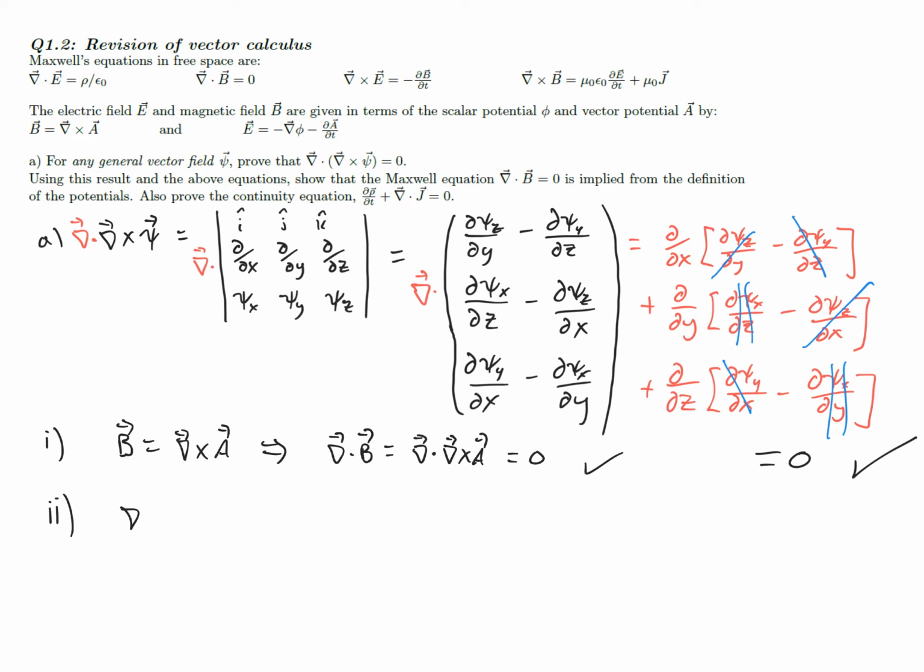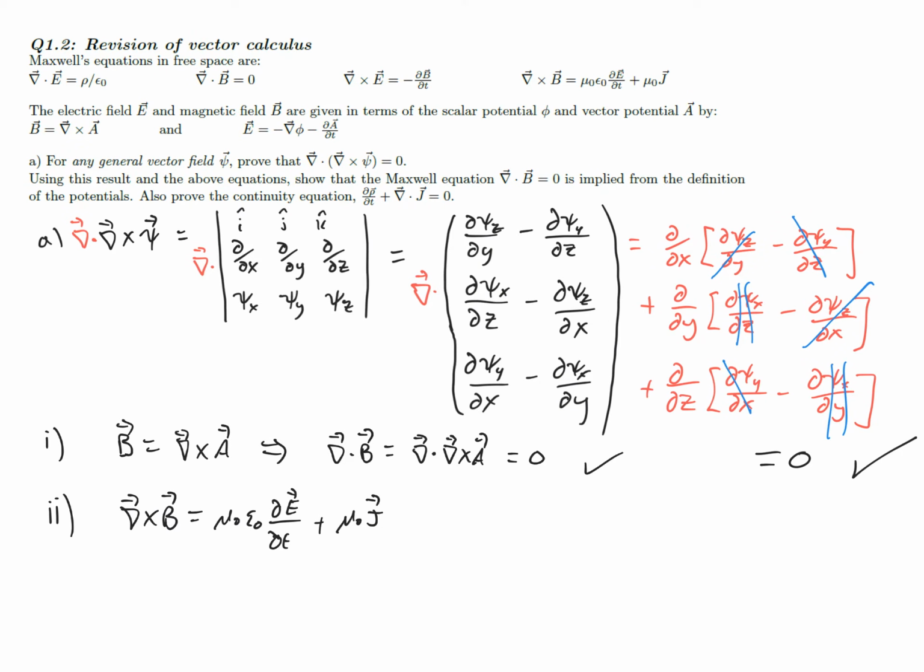So we'll start with the curl of B is equal to mu naught epsilon naught dE by dt plus mu naught j. This is called Ampere's law, but with Maxwell's correction.